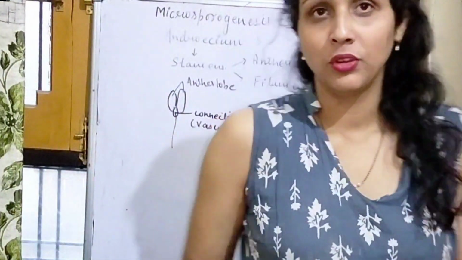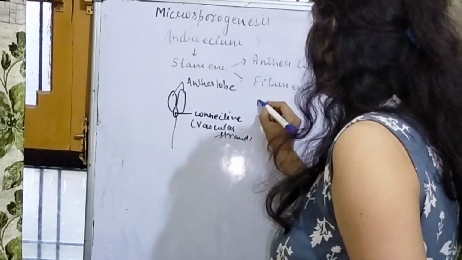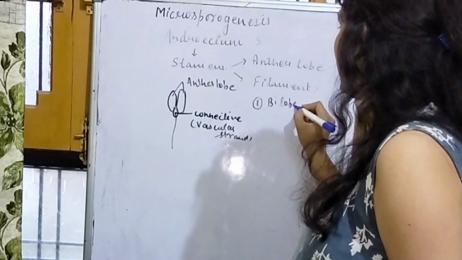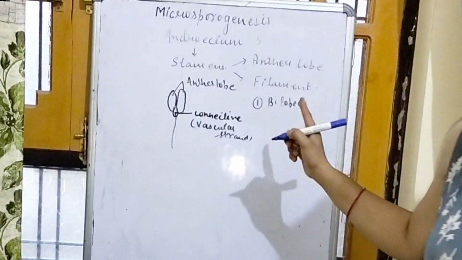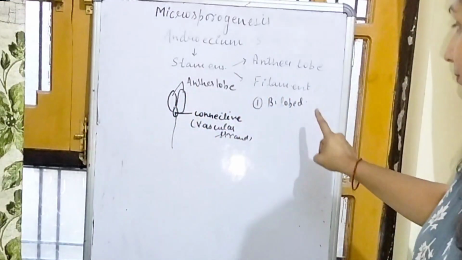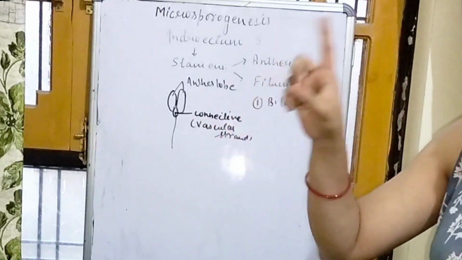Now the most important thing to explain about the anther lobe: it is bilobed. What is the meaning of bilobed? As you see, there are two lobes of anther, so we define the anther as bilobed.